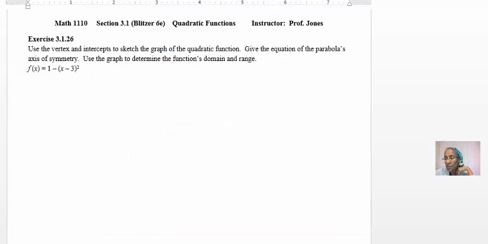So let's take a look at this for the parabola f of x equals 1 minus the square of (x minus 3). The first thing we need to do is to put this in standard form.